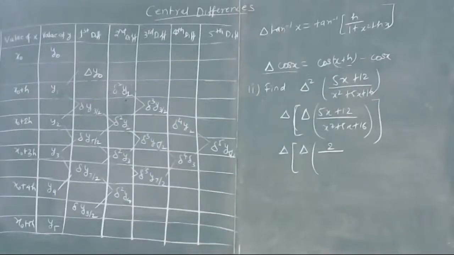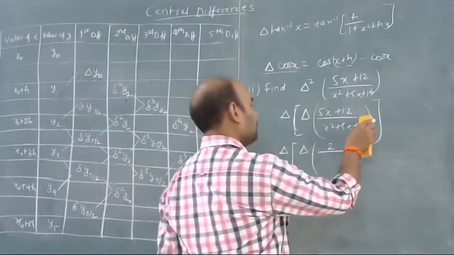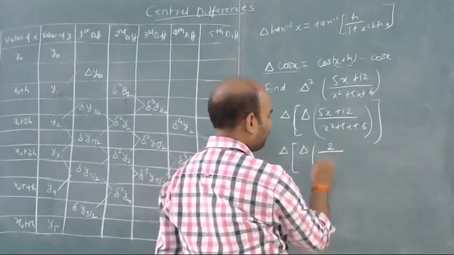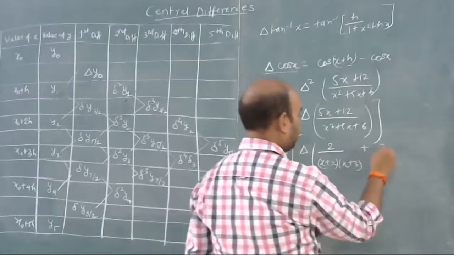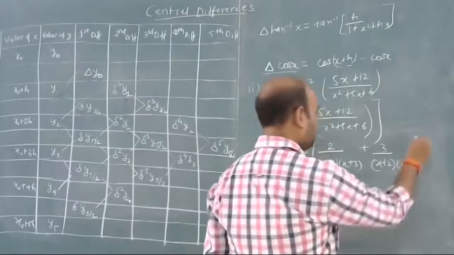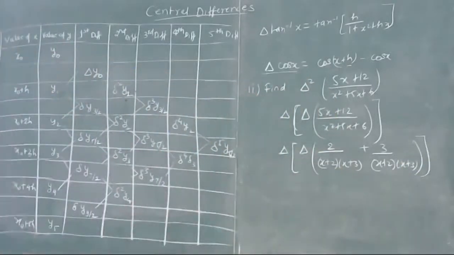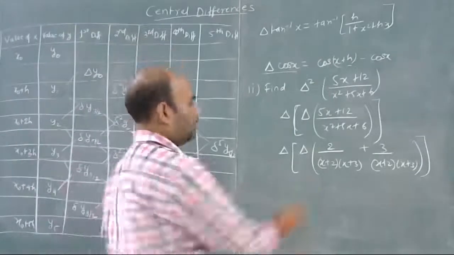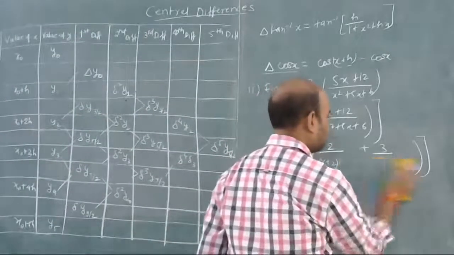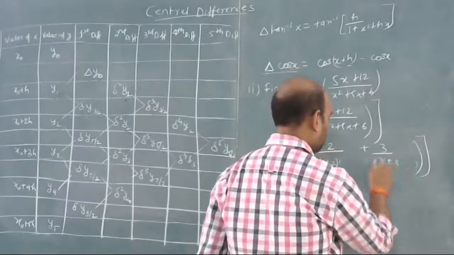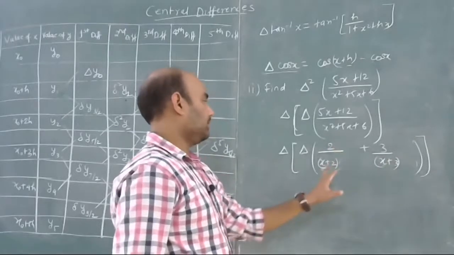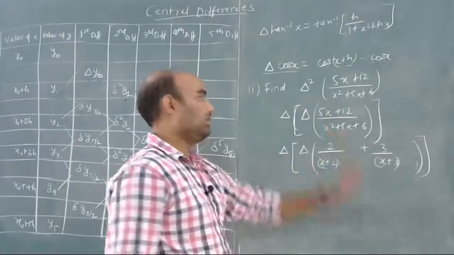Okay, so you can write it like this, and by using partial fractions it can be written as 2 upon x plus 2 plus 3 upon x plus 3. The denominator is x square plus 5x plus 6, sorry, this is 6, which is x plus 2 into x plus 3. So by partial fractions, when you add these, this will be 2x plus 6 plus 3x plus 6, so it will give 5x plus 12.